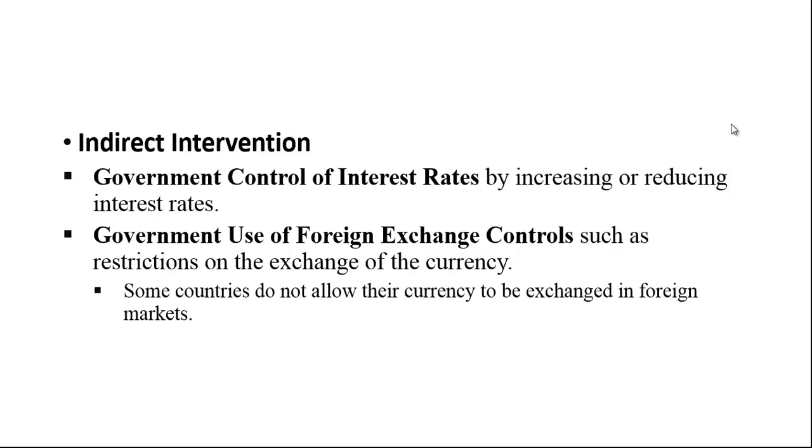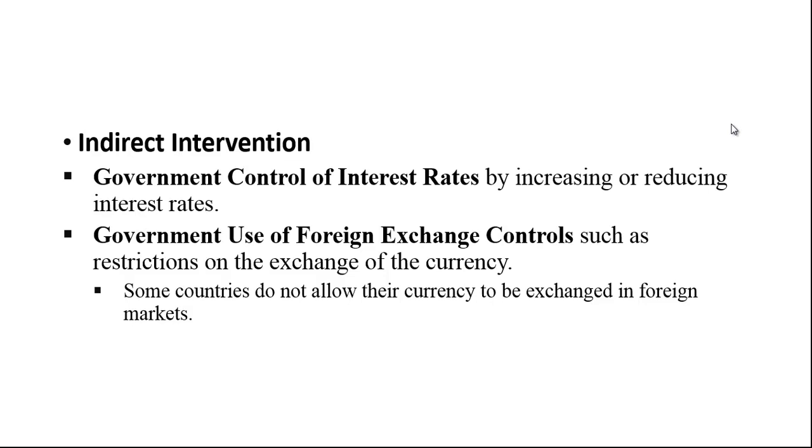Indirect intervention occurs when the government tries to control something that will influence exchange rates. So rather than directly impacting exchange rates, they're going to, for example, try and control interest rates, and interest rates can have an impact on exchange rates.